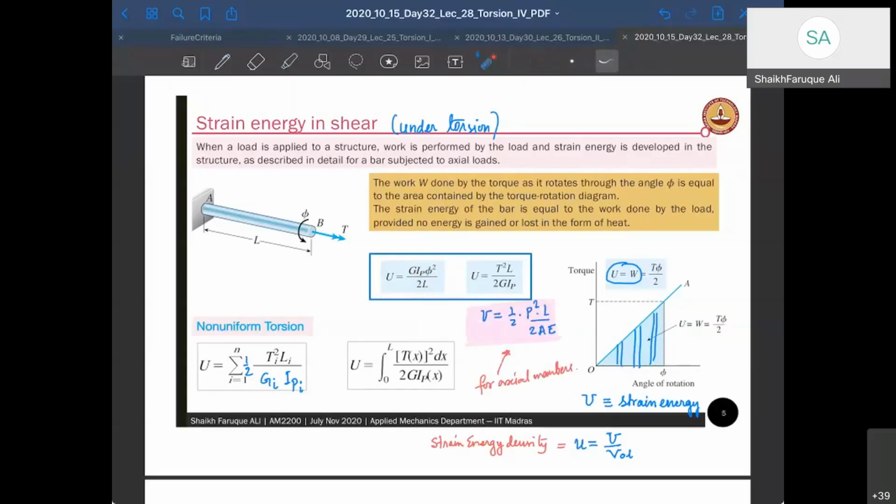Yes, there is a half extra. I just cut this one. So this is half into P square L by AE. If you see, the relationships are very simple. In place of P, you have to put T.